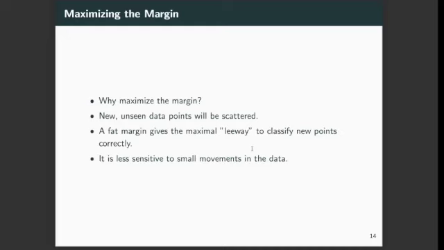So why do we maximize the margin? Because if we have a new data point, and we know that it will be scattered, the fat margin will give us the maximal leeway to classify these new points correctly, and it will make the model less sensitive to small movements or noise in the data.